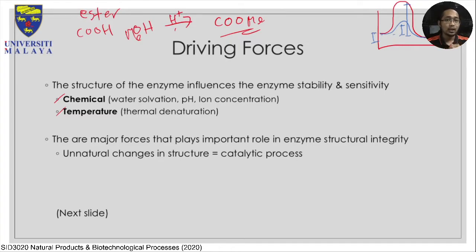Okay, but because enzymes are from a biological entity, so you took it out from an organism, the temperature is dependent on where the enzyme is sourced from. So for example, if the enzyme is sourced from humans like us, the optimal temperature is normally around 37 degrees. But there are enzymes that work at a higher temperature.